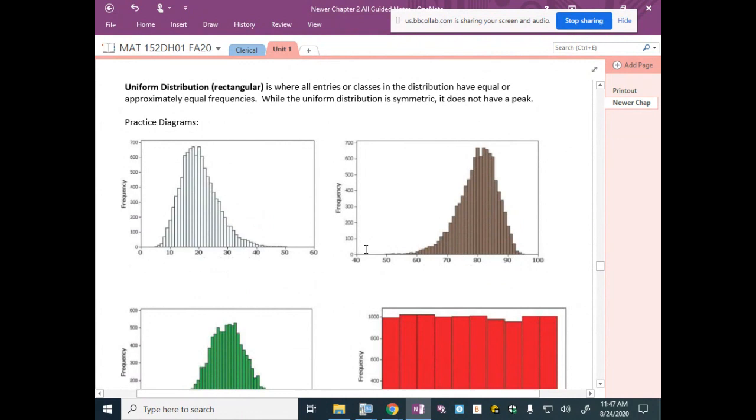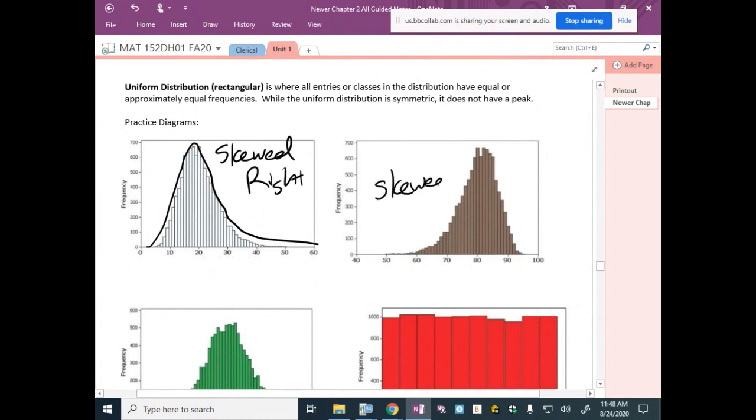All right, so for this first one, what are we thinking? That one looks to be skewed right. How about the second one? This is skewed left.